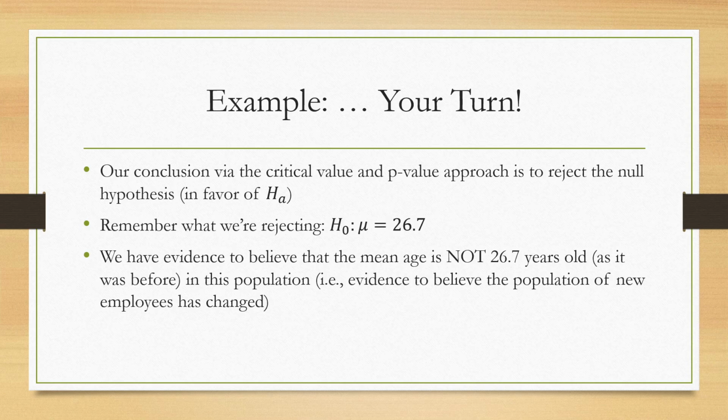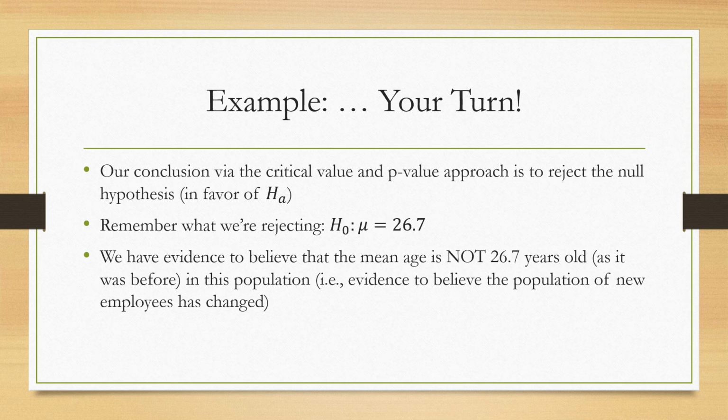We have evidence to believe that the mean age of staff that are being hired under this new manager is not 26.7. And again, the important thing that we can say here is going beyond the sample. So there could be pushback: oh, well, that was just the people that you pulled from.